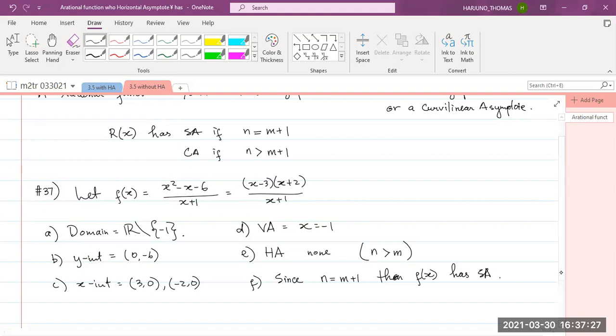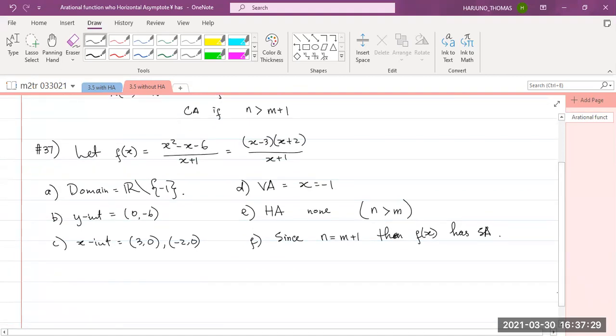How to find that slant asymptote? You basically divide the numerator by the denominator. Now, the nice thing is this rational function happens to divide by the binomial x plus 1, so I can use synthetic division.